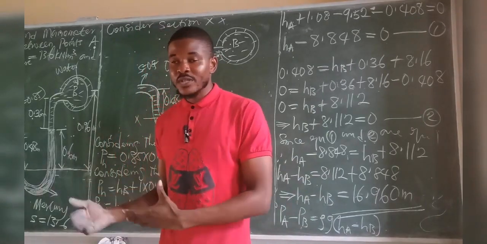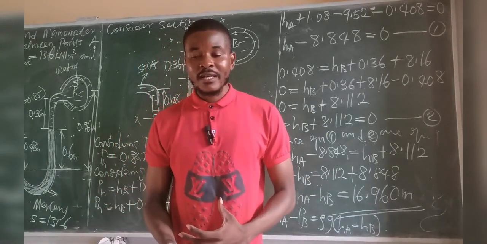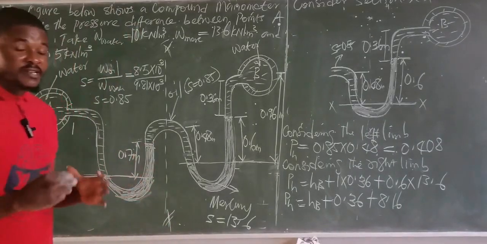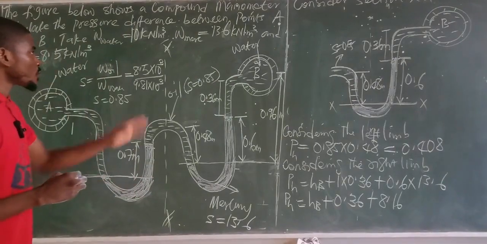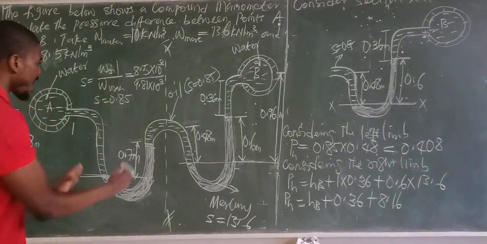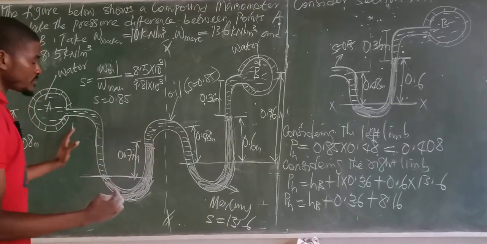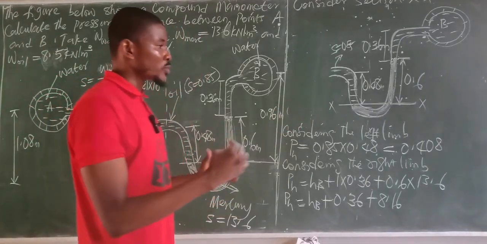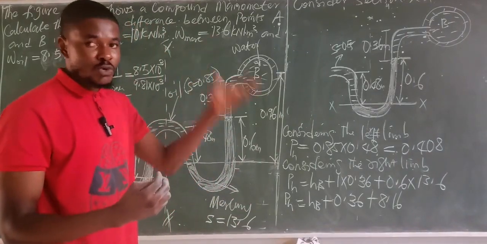So let's go back to the original diagram for another explanation. Analyzing a compound manometer is very simple. The first idea is what? You split the manometer into two, have two different differential manometers, then carry out the principle of differential manometers to solve for both of them. At the end of the day, you have the equations we have there.